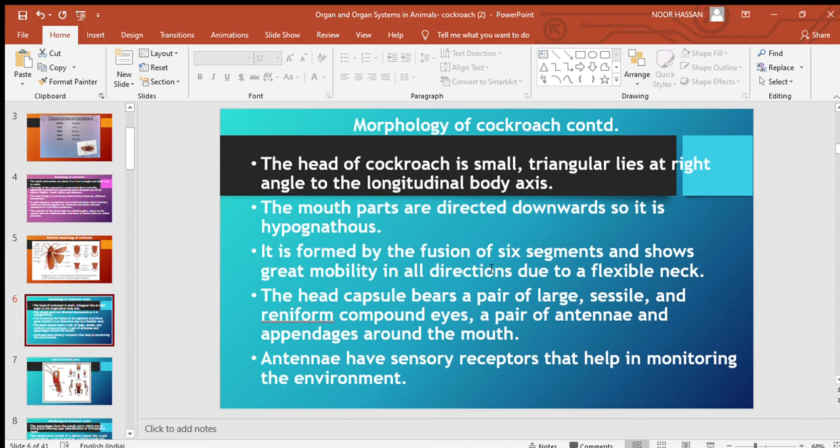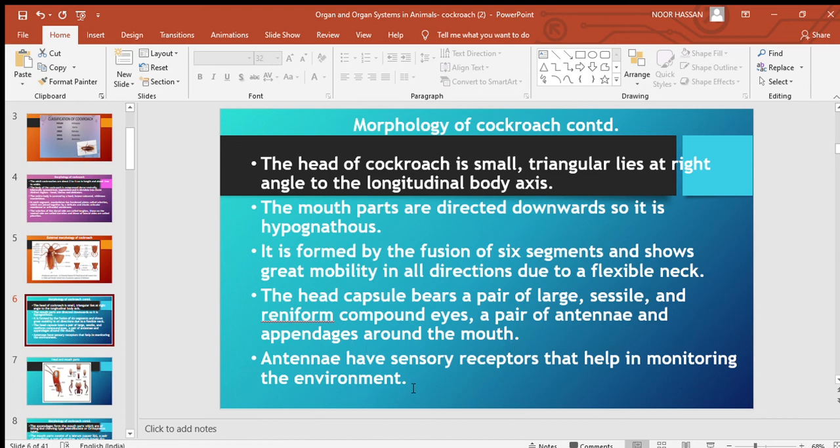It is formed by the fusion of 6 segments and shows great mobility in all directions due to a flexible neck. The head capsule bears a pair of large sessile, sessile refers to cannot move, it is attached, sessile and reniform kidney shaped compound eyes, a pair of antennae, and appendages around the mouth that form the mouth parts.